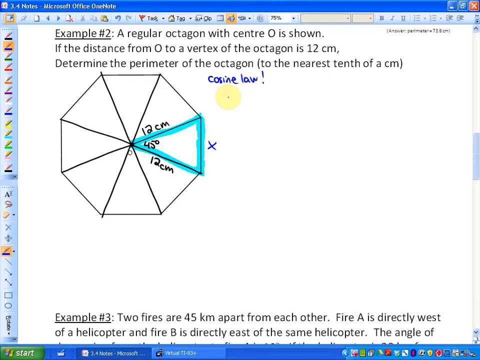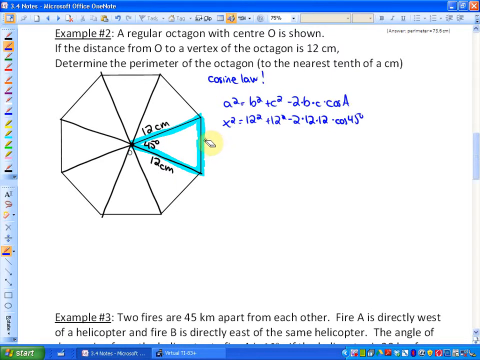I'm going to show you an alternative method, but the cosine law says that a squared is equal to b squared plus c squared minus the product of 2 times b times c times the cosine of A. And in this case, we're solving for x. And the two sides, b squared and c squared, would each be 12. Again, this is one of many methods that you could use, and I'll just show you another one in just a second. That would be times the cosine of 45. So go ahead and do that if you'd like to.